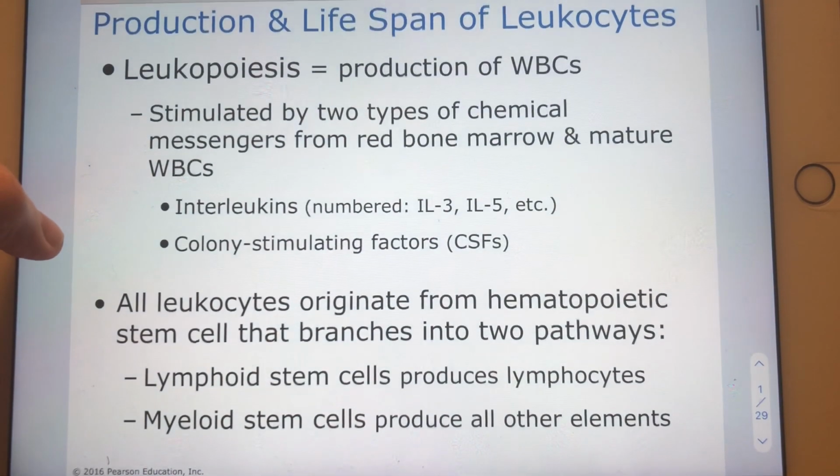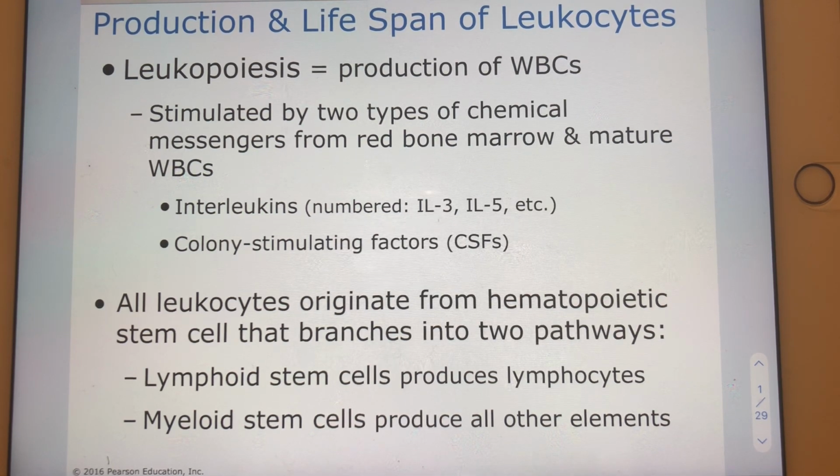We talked about erythropoiesis and how it's an avenue of hematopoiesis, the production of erythrocytes. Well, the production of leukocytes is called leukopoiesis, and it is stimulated primarily by a couple of chemical signals, interleukins, which, if I remember correctly, we'll come back to in a different chapter later, and colony-stimulating factors, which we'll also come back to later.